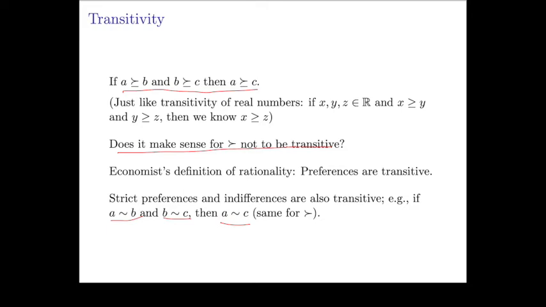So let's suppose you told me A is better than B is better than C. Given a choice between bundle A and bundle B, I give you a choice in this set, and you say, I'm going to pick A. I give you a choice between B and C, you're going to pick B. And I give you a choice between A and C. If C is better than A, then you're going to pick C.